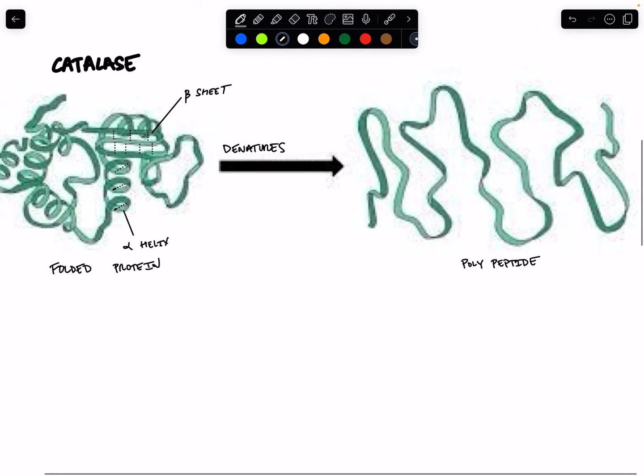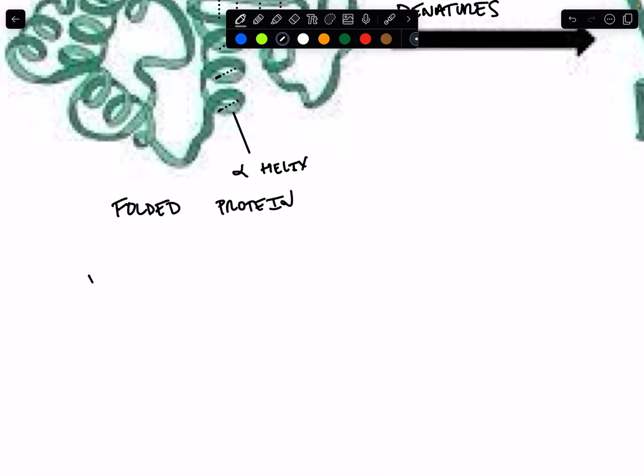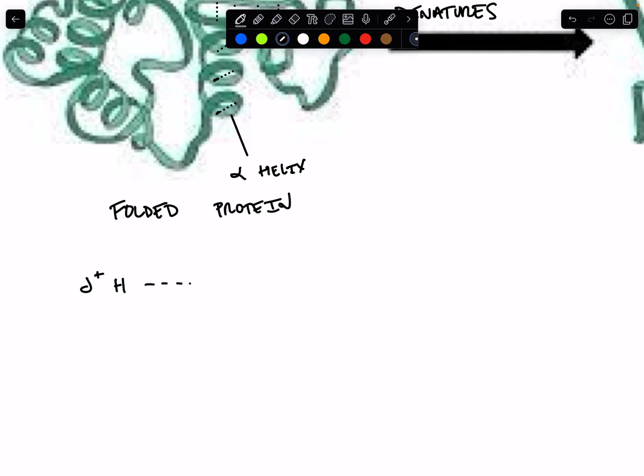Well, there are a couple of different things that can cause a protein to denature. Anything that is going to break these H bonds holding together the structure is going to result in a denatured protein. And so, as you know, a hydrogen bond is an interaction between a slightly positively charged hydrogen in one structure that is associated with a slightly negatively charged oxygen on another structure.